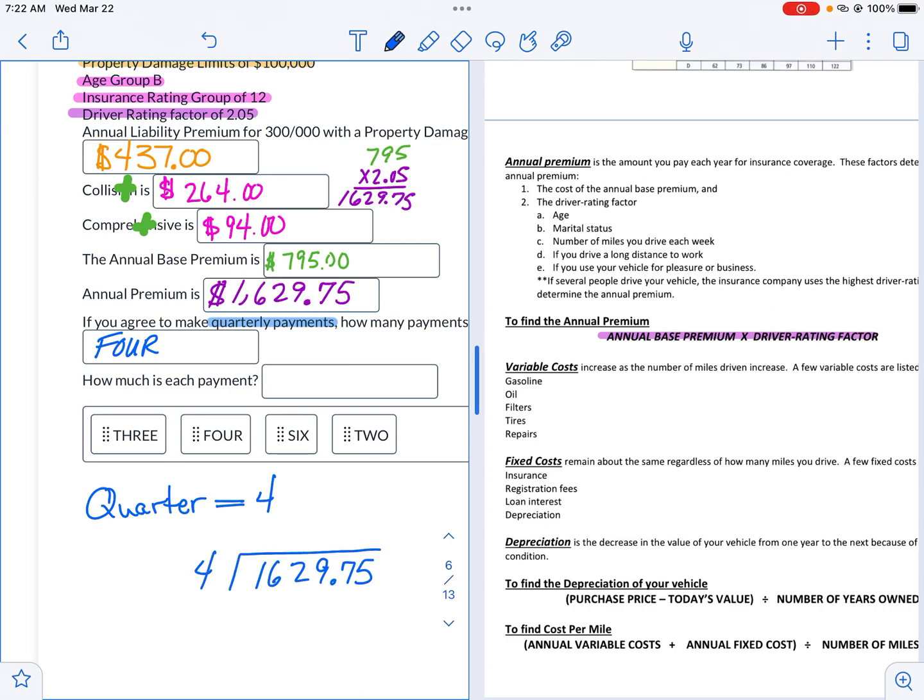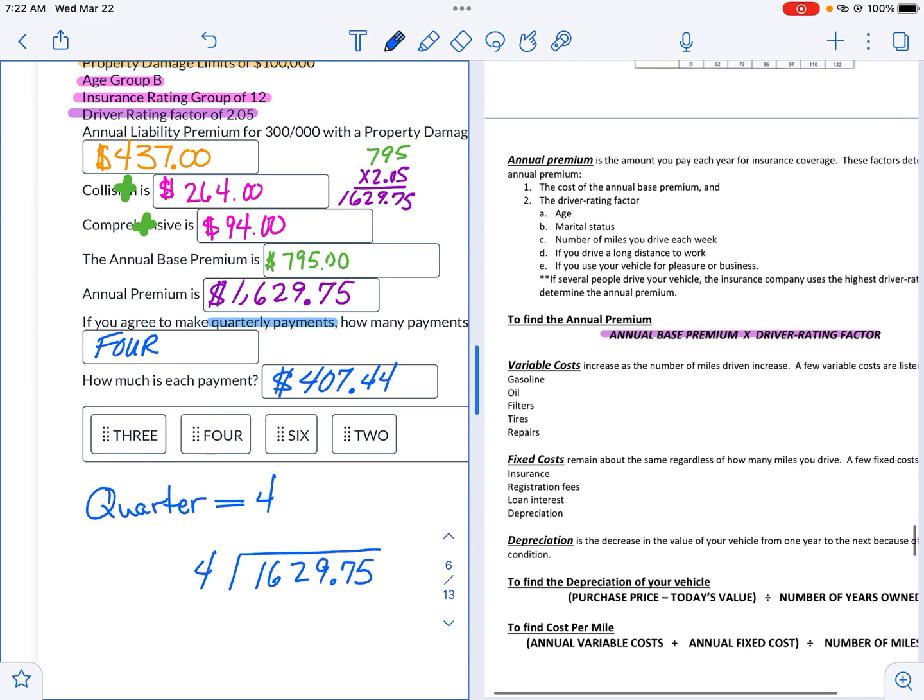So we're going to go divided by 4 on our calculator, and we're going to get, that is not right, 1629.75 divided by 4. So we're going to make 4 payments, and each of those payments is going to be $407.44. Okay, and that is it, my friends.